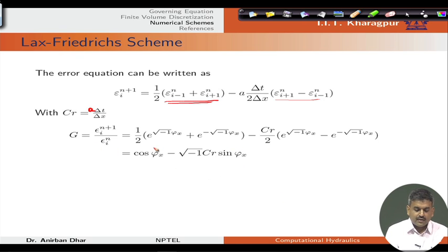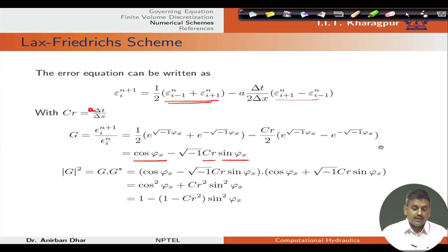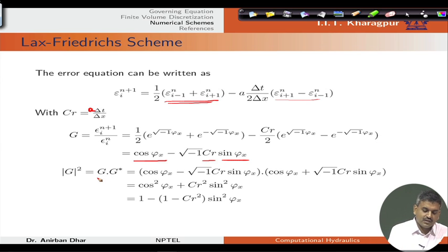We can get this cos phi x minus square root of minus 1 CR sin phi x, and if we write our growth factor, again that is G into G star, which is the conjugate complex number.